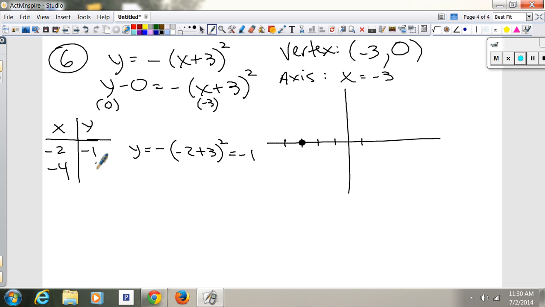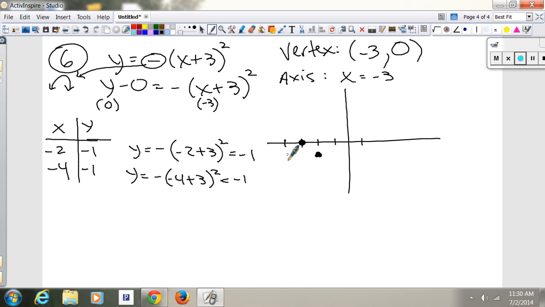So -2, -1. So it looks like it's an N-shaped curve like it should be, because that's a negative right there. Negative tells us it's an N-shaped curve. So if you put in a -4, you're also going to get out -1. Because -1 squared is still 1, and then you bring over the negative, you'll get -1.